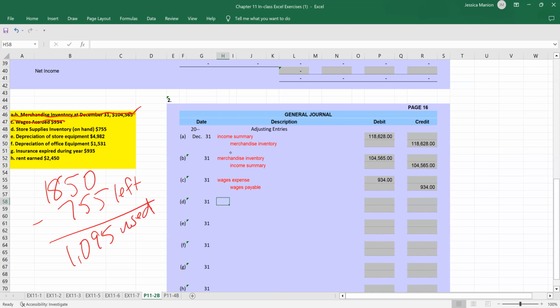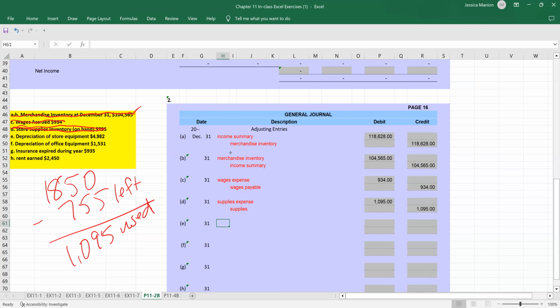That's what we need to do our adjusting entry for. So we need to debit supplies expense 1,095, credit the supplies asset account 1,095. Okay, so we've got this one taken care of.